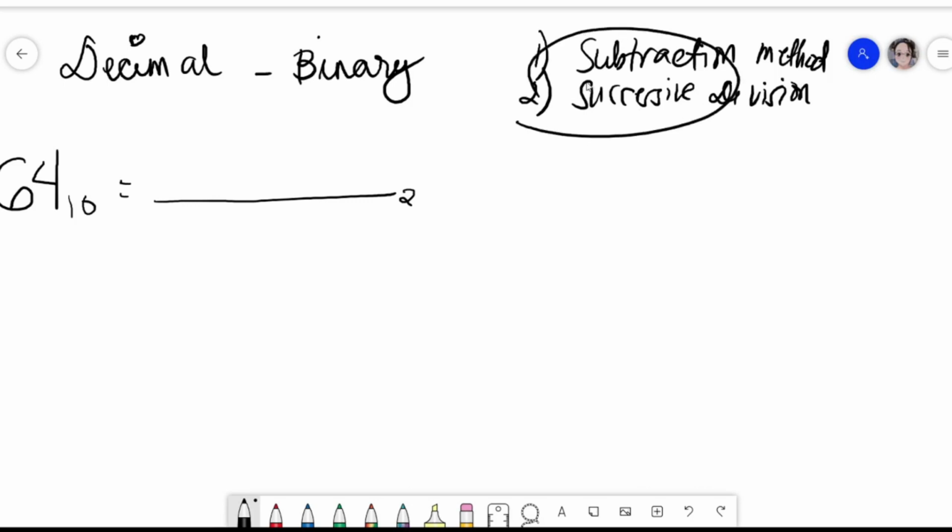Okay, so there are two ways on how you are going to convert these values from decimal to binary digits. Okay, so now let's try first the subtraction method.